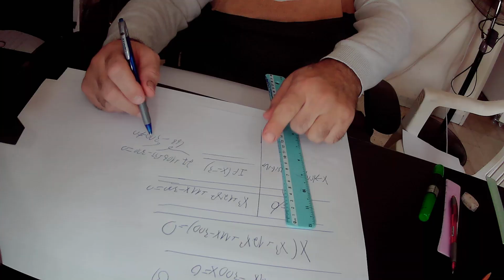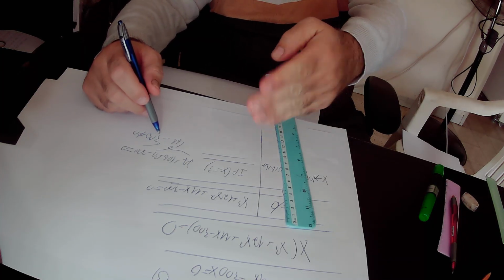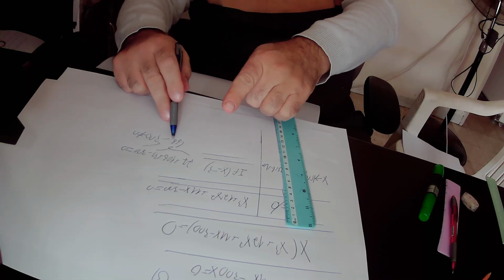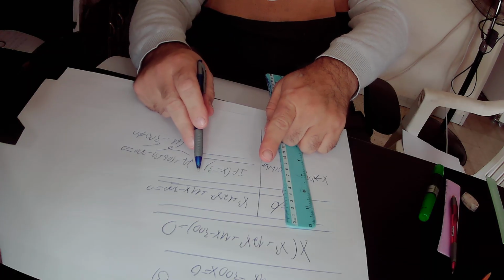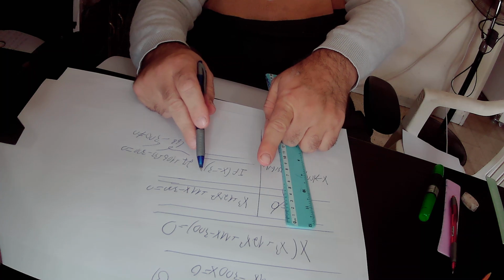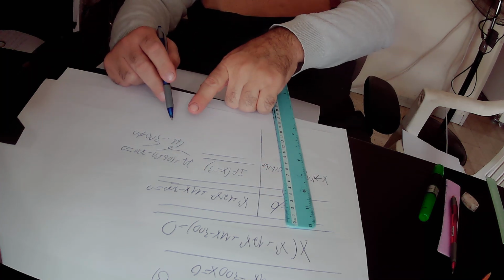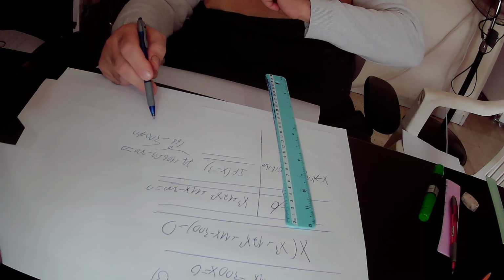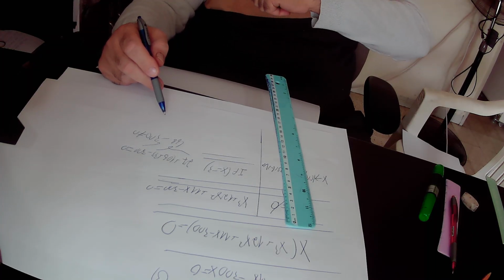So x equals 3 is not a solution to this equation, because the left side of this expression is not equal to the right side. So x equals 3 doesn't solve this equation.